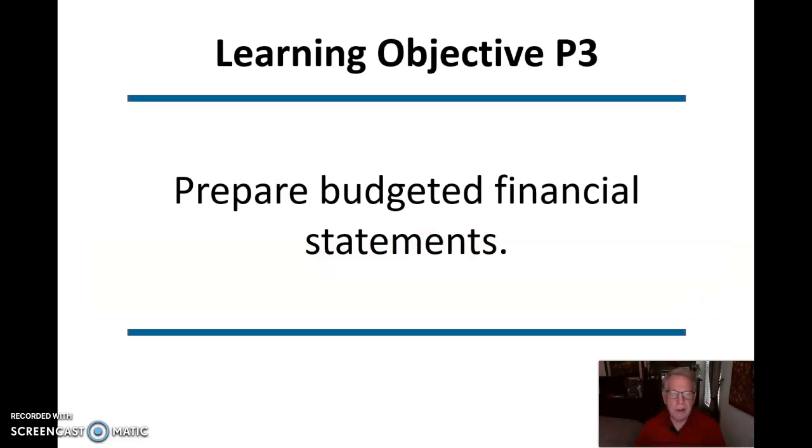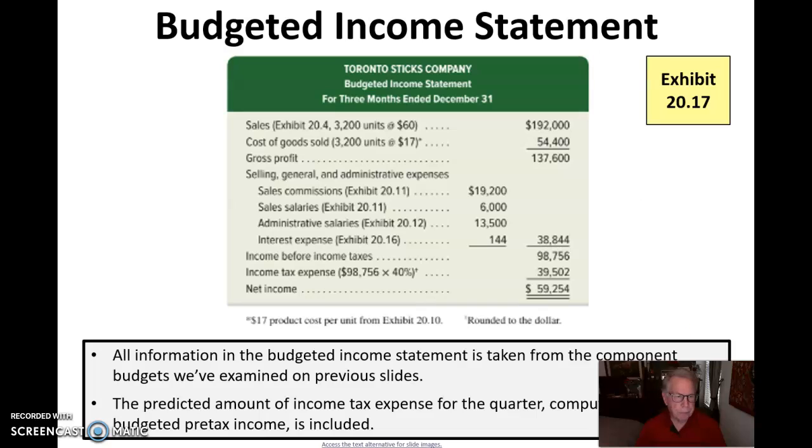All right, budgeted financial statements. Here we start off with the income statement, and these are based on the 3 months ended December 31st. This is a budget, right? Not an actual. So we have our sales for 3 months now.